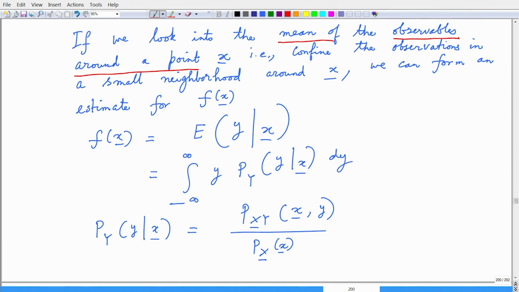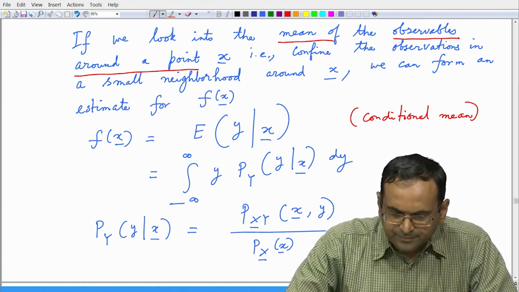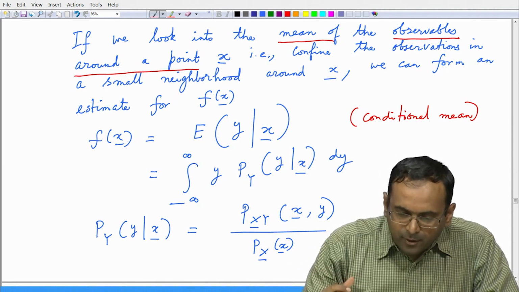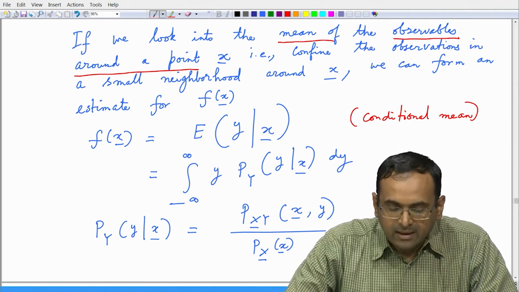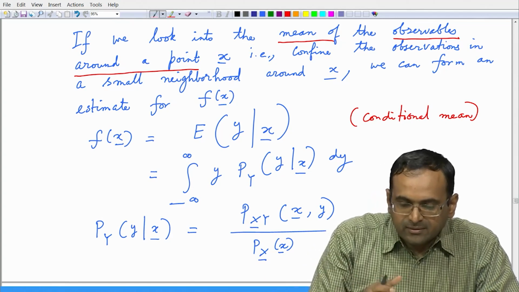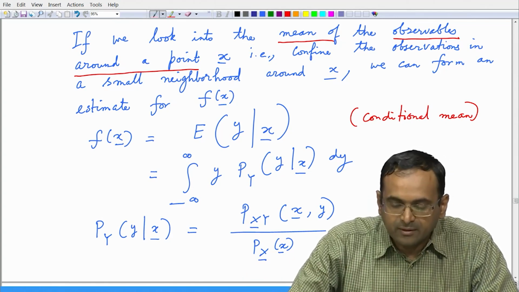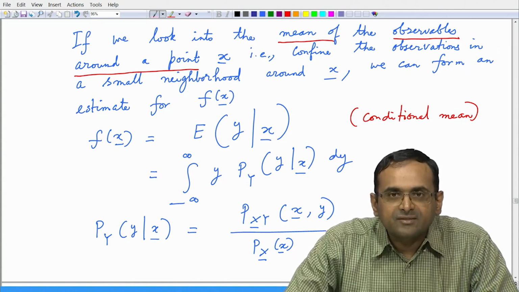Now, this f of x is basically the expected value of y given x, that is, the conditional mean of the observables y given this vector x. We can compute the conditional mean as the integral from minus infinity to plus infinity of y times the conditional density.